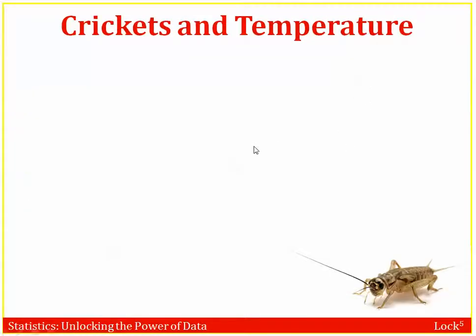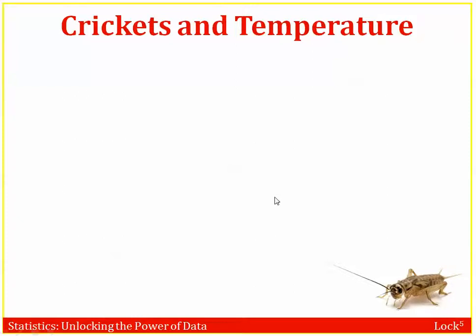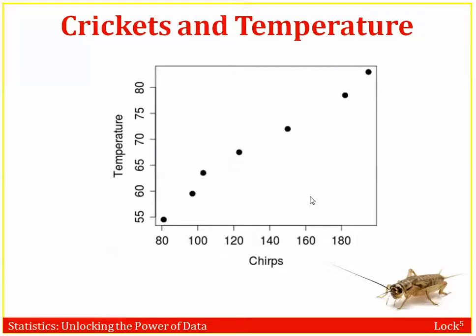So here's that same example that I showed in the video about using the calculator. We've got chirps per minute along the input axis, the independent axis, the explanatory variable.